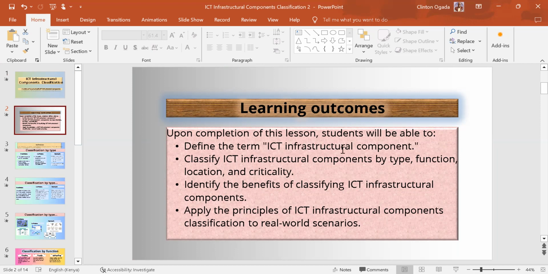We also get to classify ICT infrastructural components by type, function, location, and criticality. We also get to identify the benefits of classifying ICT infrastructural components. And finally, we get to the application of these principles that are concerned with the ICT infrastructural components.